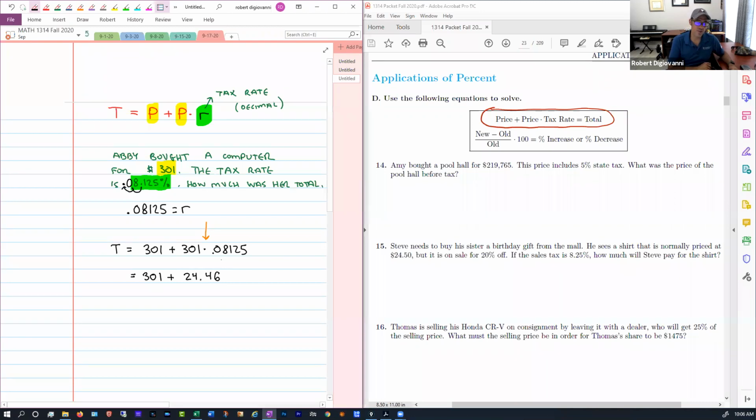So that's $24.46. And then I add that to 301, that's $325.46. I need to put the dollar sign because we're talking about money here. So that's how much Abby paid, approximately.